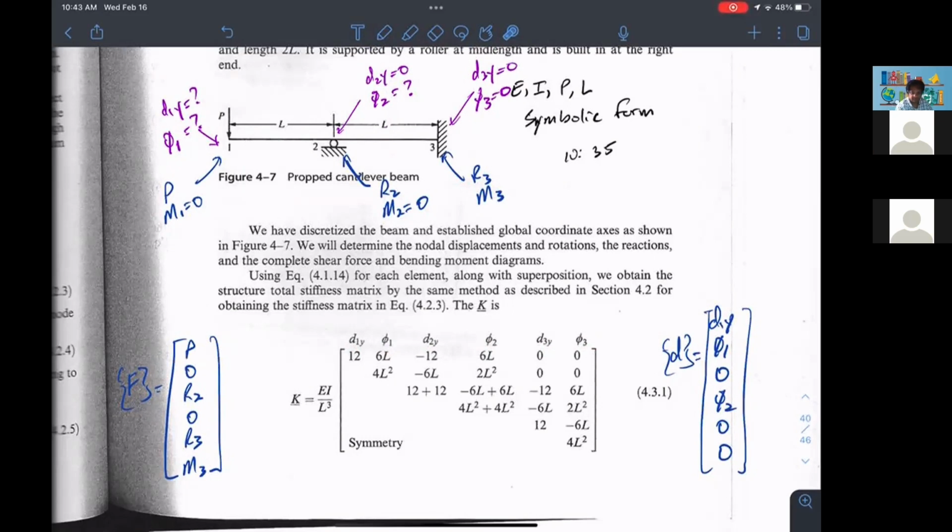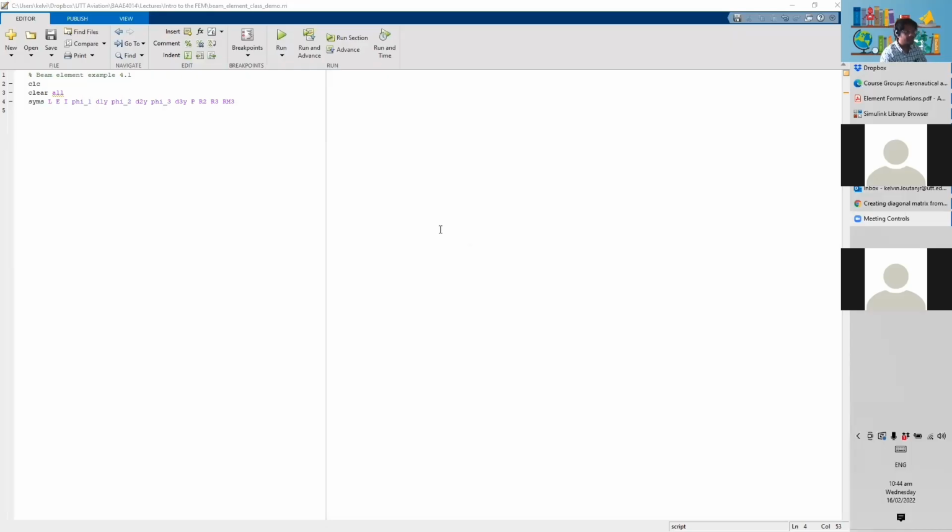Right, so going back to MATLAB now. We have our symbols: L, E, I, phi 1, d1y, phi 2, d2y, phi 3, d3y.